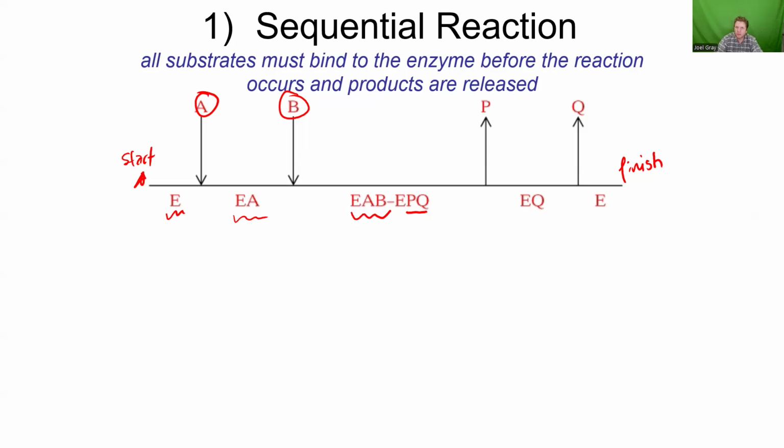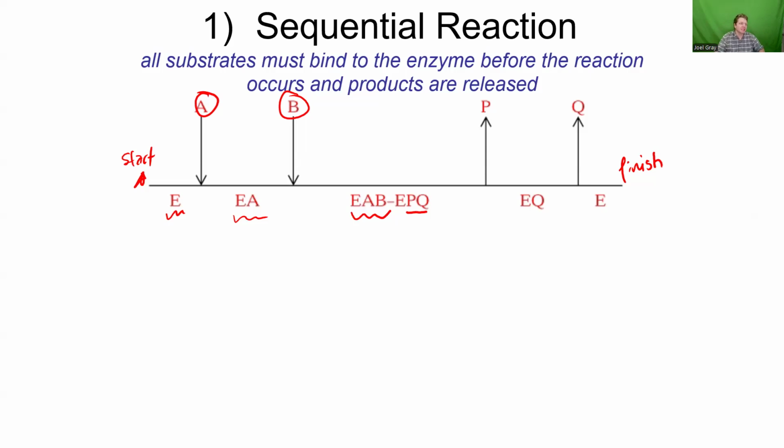To answer that more directly, it doesn't really matter that much what is first. If a substrate binds first, that doesn't mean that's going to be the first product released. So A doesn't necessarily give rise to P, and B doesn't necessarily give rise to Q. I want you to keep that straight so that you're not confused.